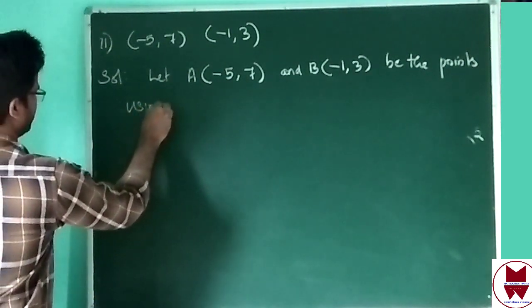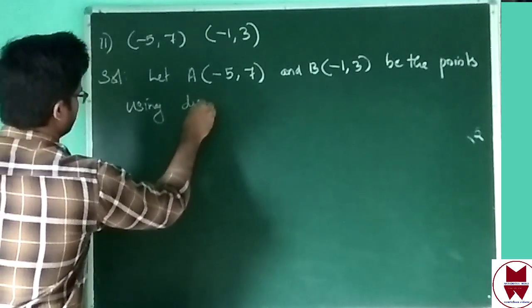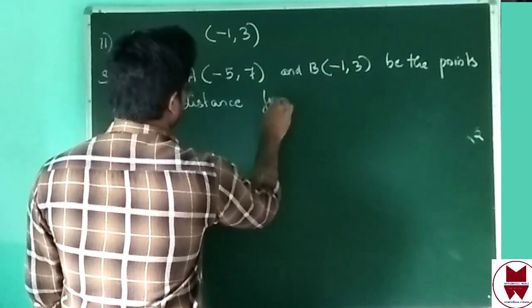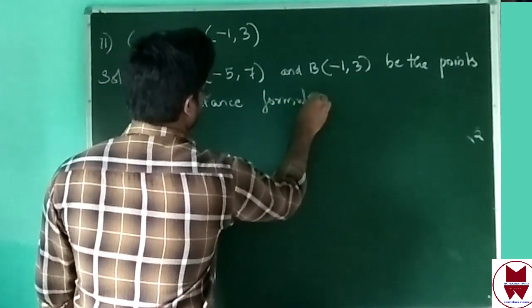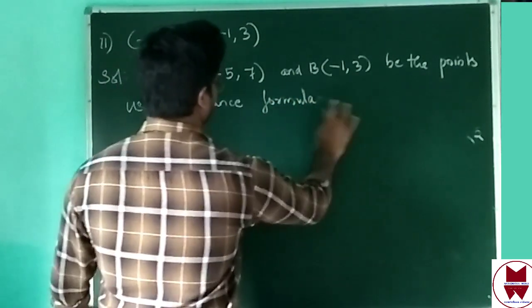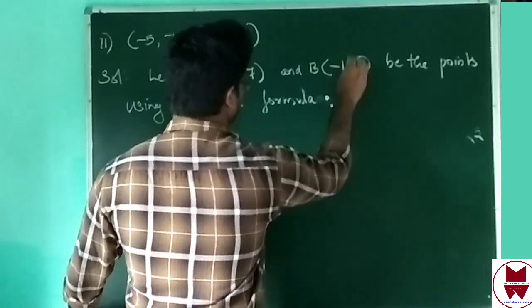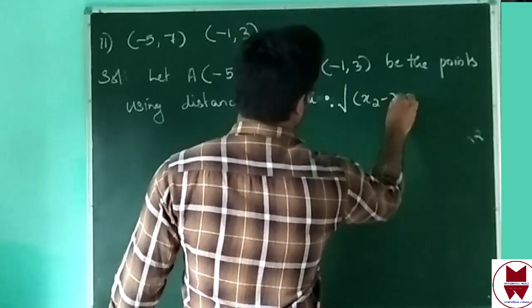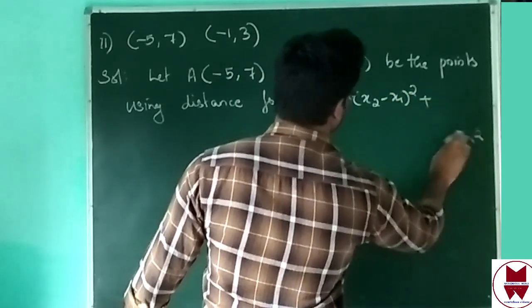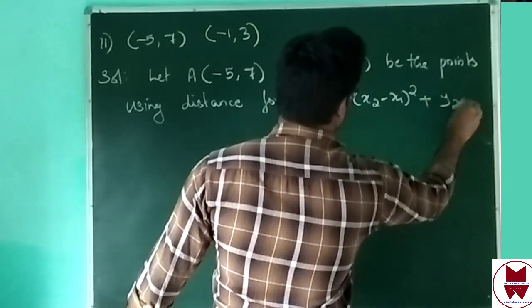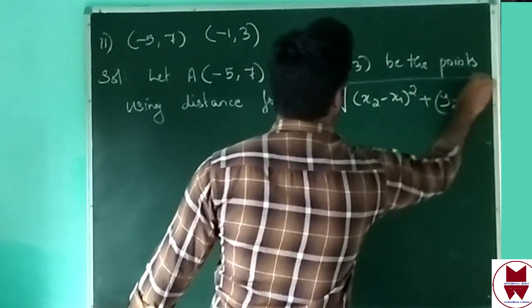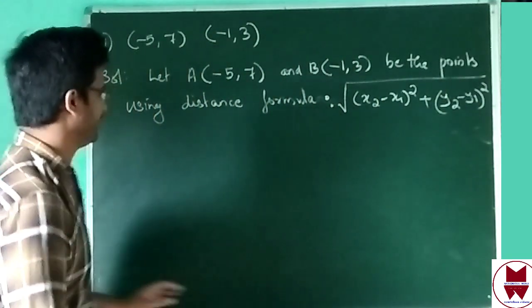Using the distance formula. First we can write the distance formula: square root of x2 minus x1 whole square plus y2 minus y1 whole square. This is the distance formula.